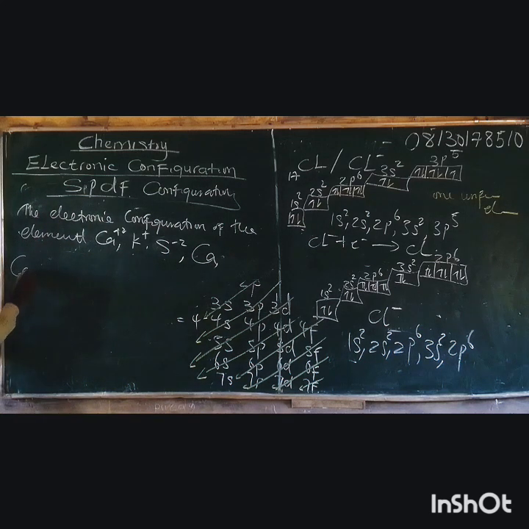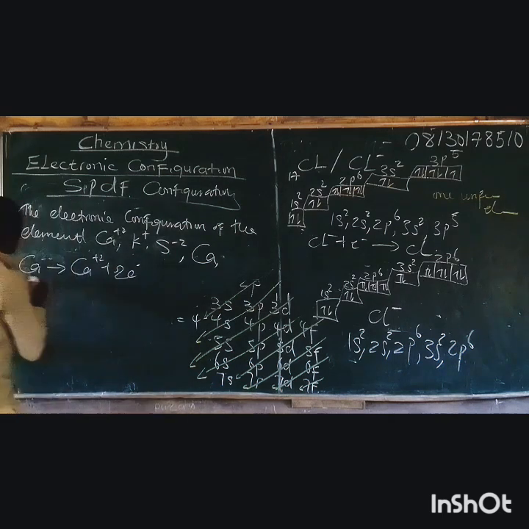For calcium plus 2, before calcium will become a plus 2, calcium needs to give out 2 electrons, by oxidation. Calcium is 20, so 20 minus 2 is 18. So there are 18 electrons remaining.